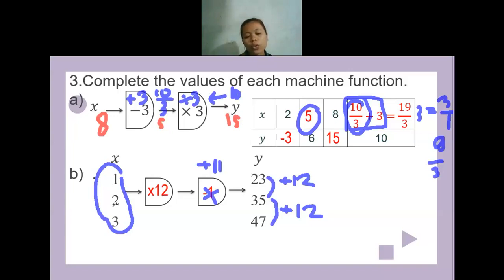Now let us try. 2 times 12 equals 24. 24 plus 11 equals 35. So this is correct. Do the same thing for the third term. 3 times 12 equals 36. To get 47, we need to plus 11.